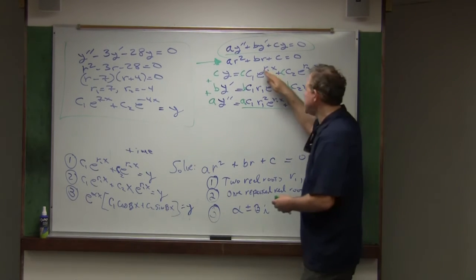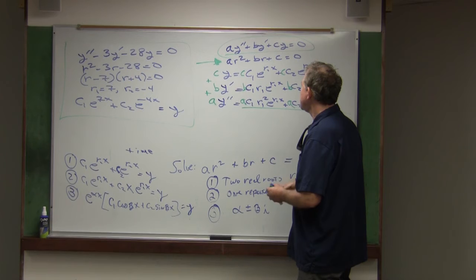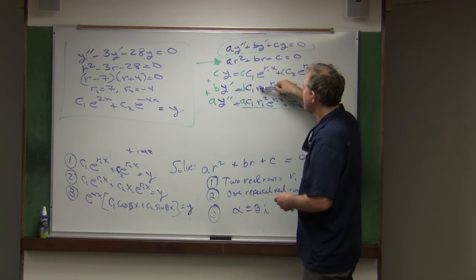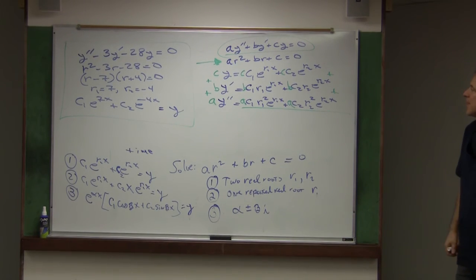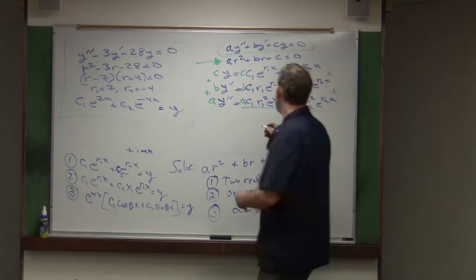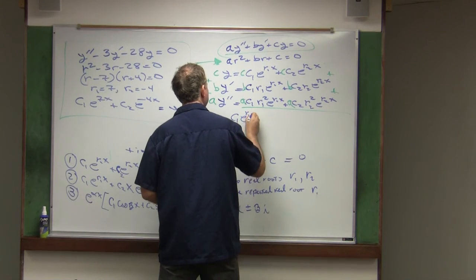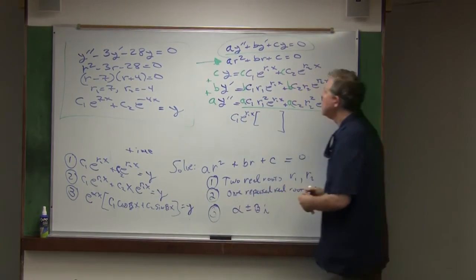So when I add up this first column, what is common to all three terms? What's common that I can factor out? c1 e to the r1 x. Yeah. So I've got c1 e to the r1 x, and then what have I got?